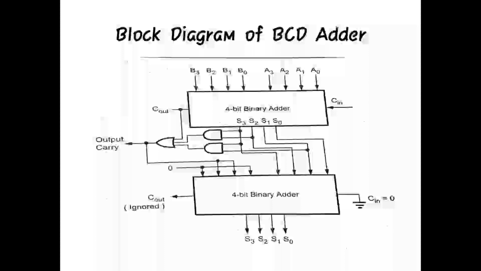Next we have C in and C out. For example, after adding these 2 numbers, imagine the sum is less than or equal to 9. Then we don't have any carry, and the output of C out will be 0.